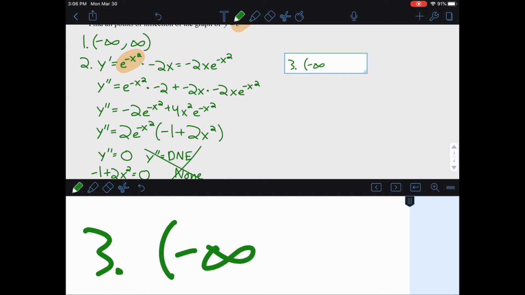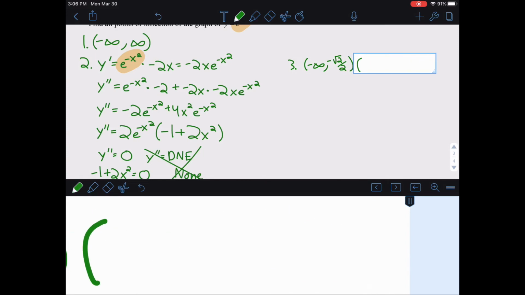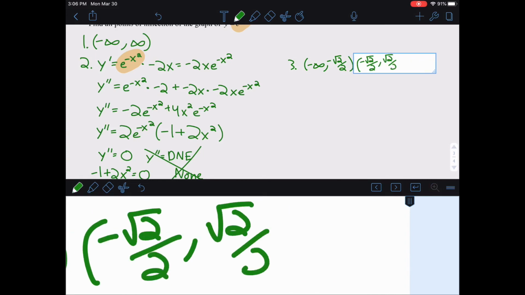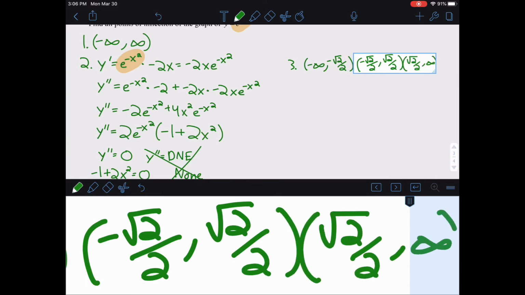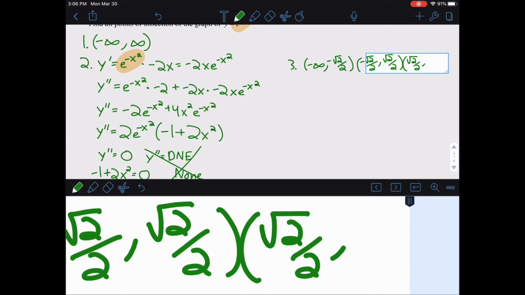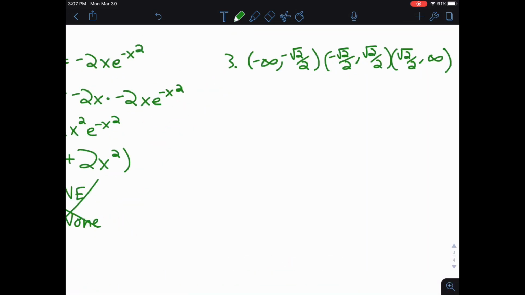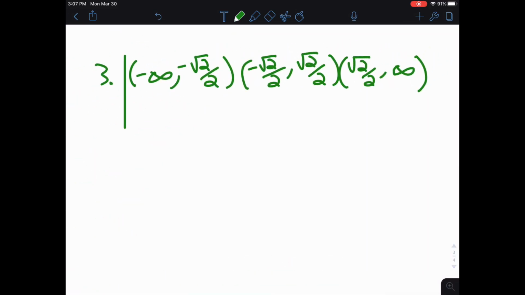I'm going to have negative infinity to negative root 2 over 2, then negative root 2 over 2 to positive root 2 over 2, and then positive root 2 over 2 to positive infinity. Pick a number from each of these intervals and plug it into y double prime.